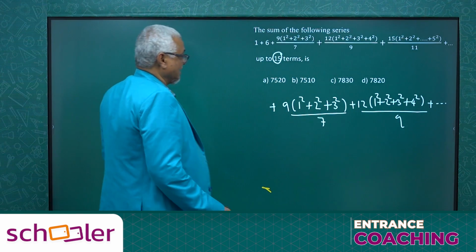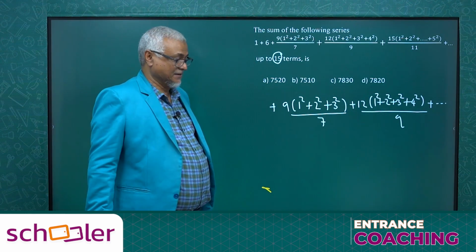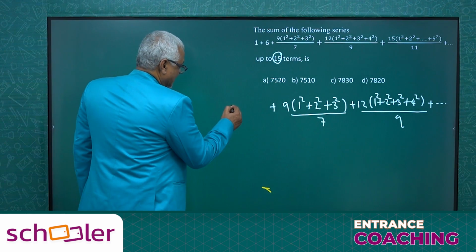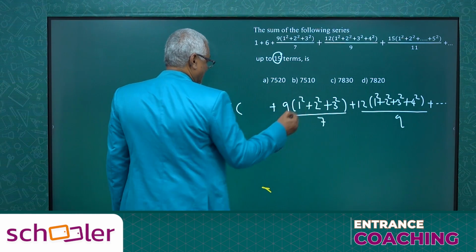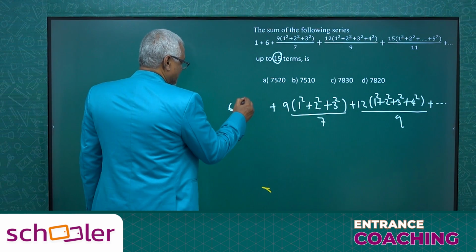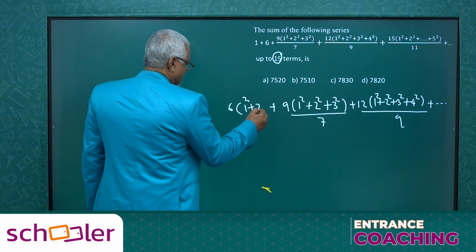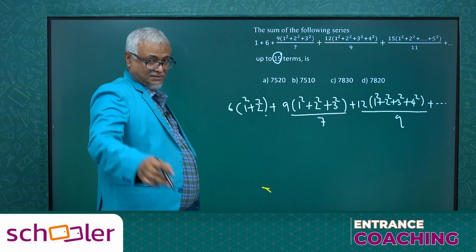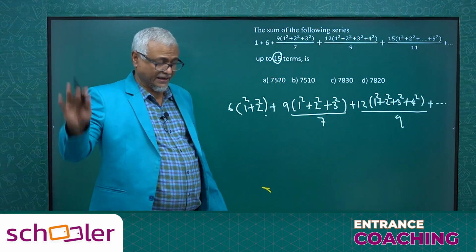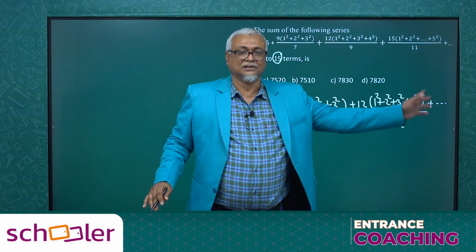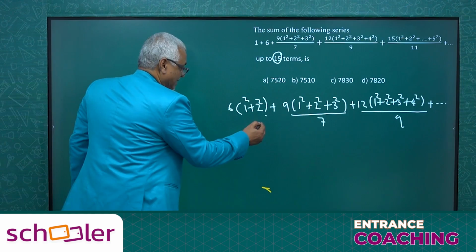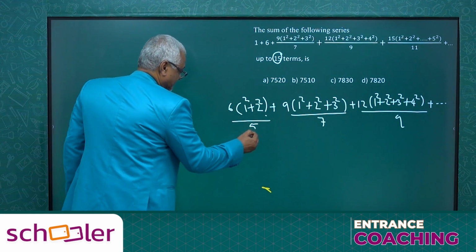Then what should be the second term? Inside the bracket, this is 1 square plus 2 square plus 3 square, and here we should have 1 square plus 2 square. No doubt, everybody will agree. And here 7, 9, 11, etc. has a difference of two, so in the denominator we have 5.